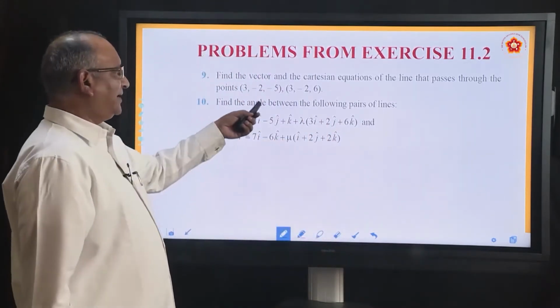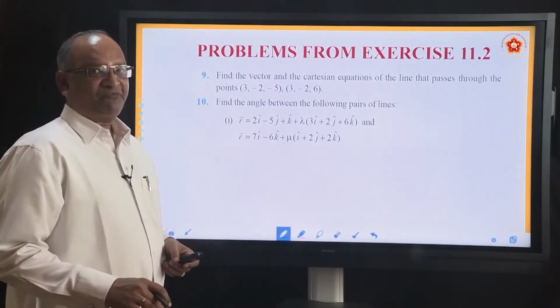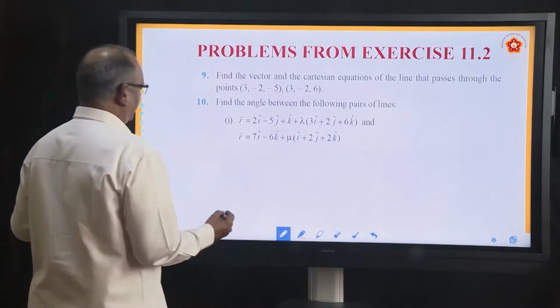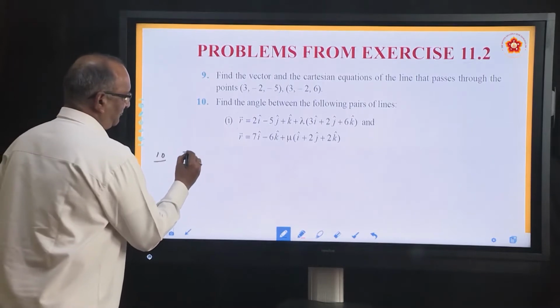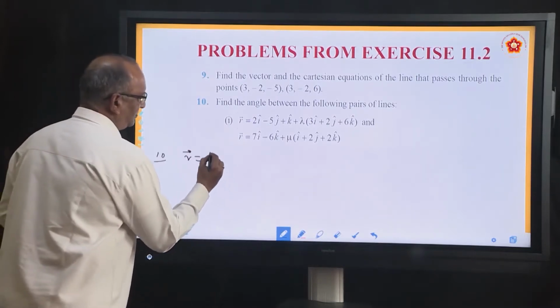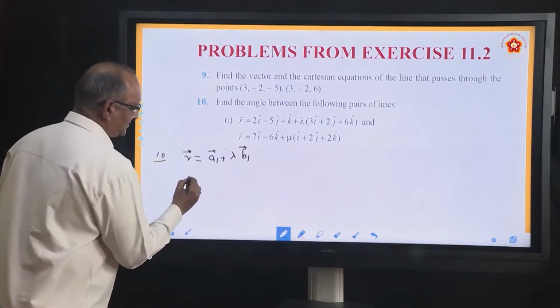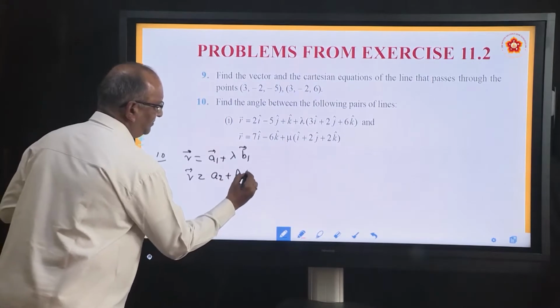He says, find the angle between the following pairs of lines. How do you find the angle between two lines? Suppose we are doing the 10th problem. Suppose the first line is r equal to a1 plus lambda b1, and the second is r equal to a2 plus lambda b2.